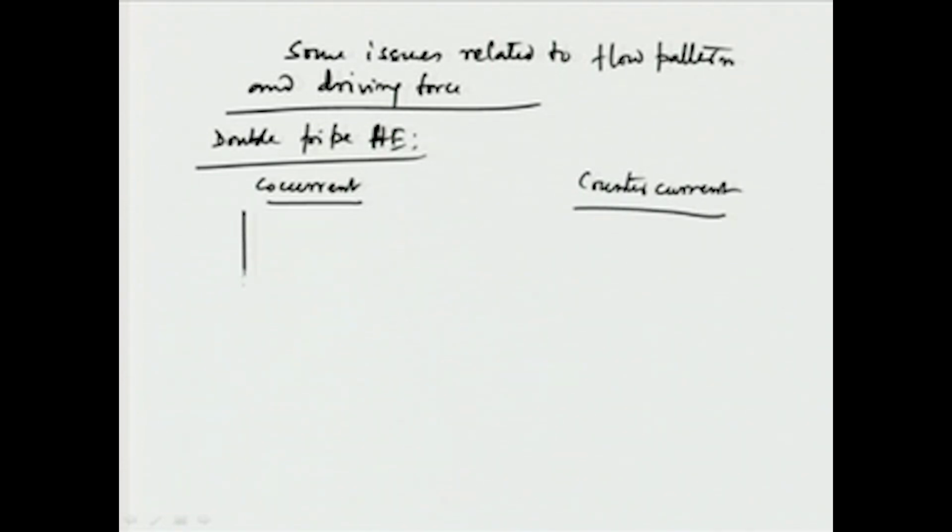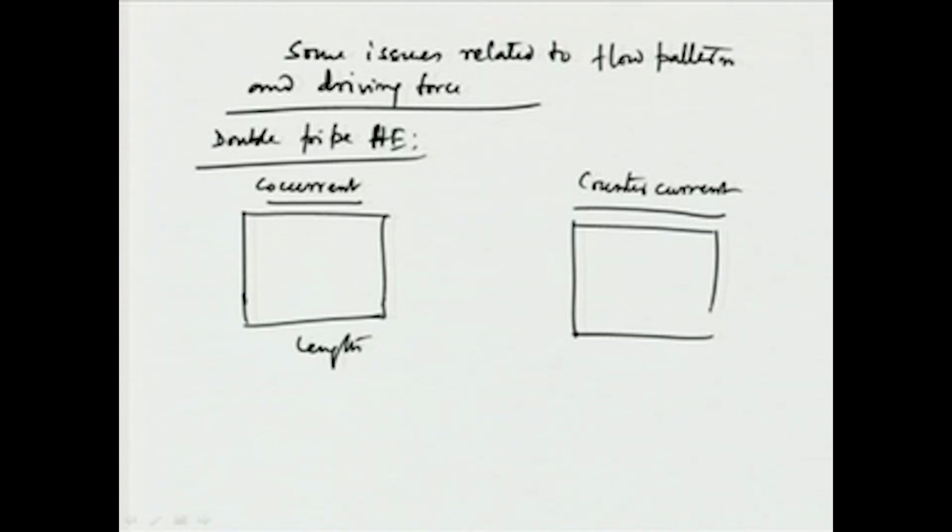We have already seen it, but if we say that this is the length and this is the temperature here, the profiles for co-current appear like this and like this.